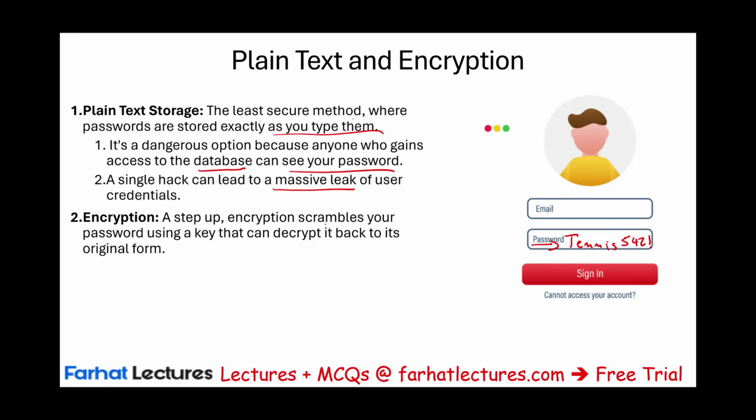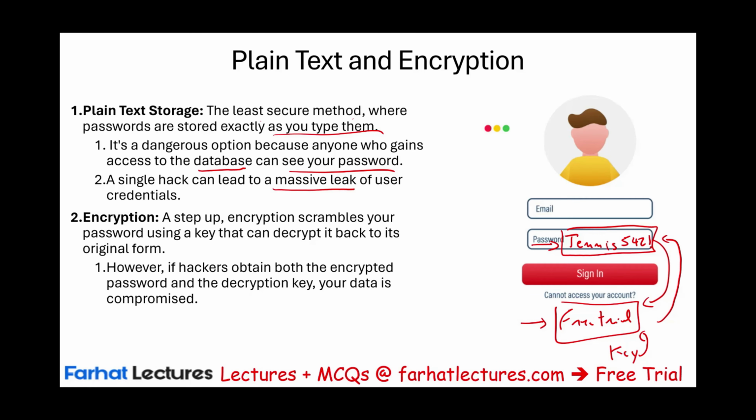Another way is through encryption. Encryption scrambles your password using a key that can decrypt it back into its original form. So what they would do is, when you type your password, they will transform it through an encryption key into something else. They could transform it into "free trial." So when someone looks up the password, it looks like "free trial." That's all it says. It's a free trial, but that's not your password. But if you have a key, you can input the key into the "free trial," and it will take you back to Tennis542!.